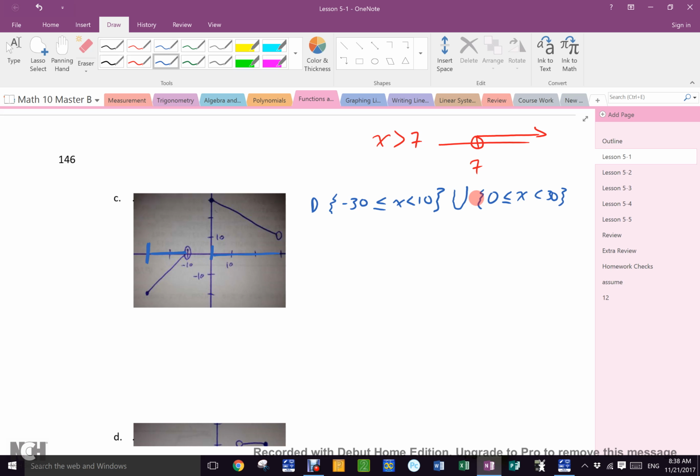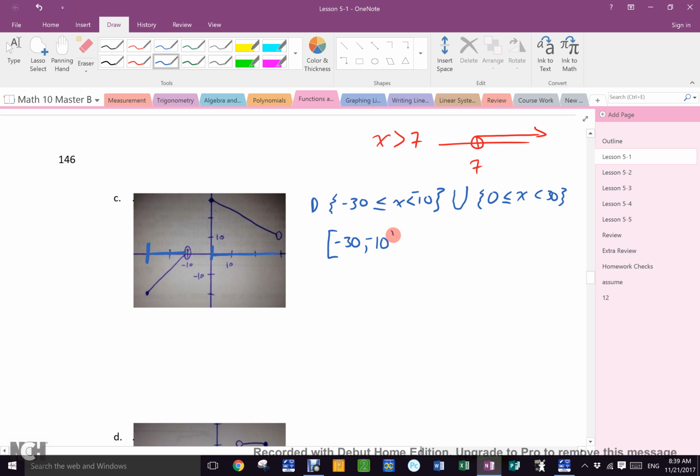Okay, so how would I do this in interval notation, do you think? What would be on the far left? Negative 30. Did I actually hit negative 30? Yep, so I put a square bracket. Then I went up to negative 10, yeah. Did I hit negative 10? So I can't put a square bracket.